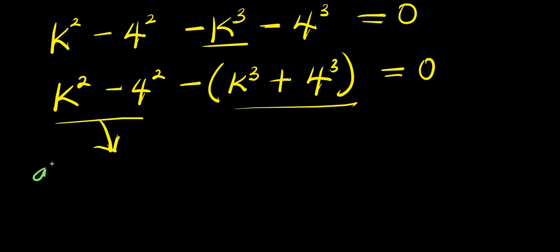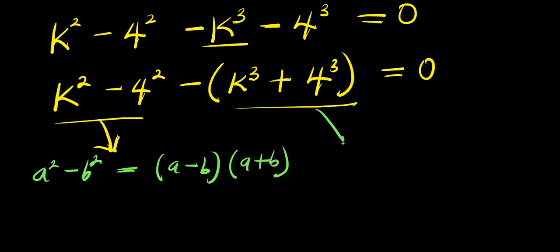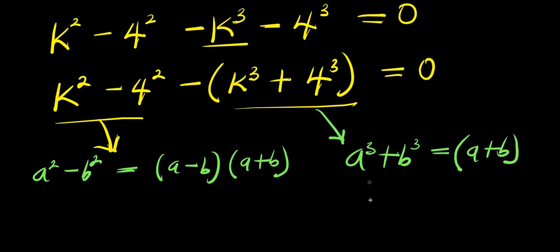So if you have a squared minus b squared, this equals a minus b times a plus b. And for this, if you have a power 3 plus b power 3, this equals a plus b times a squared minus ab plus b power 2.